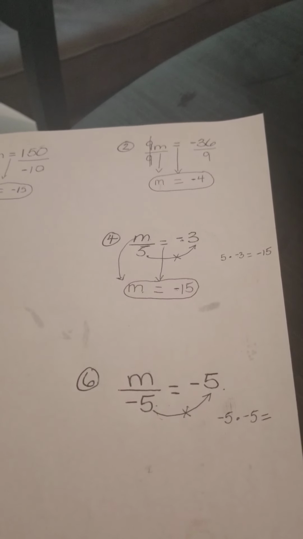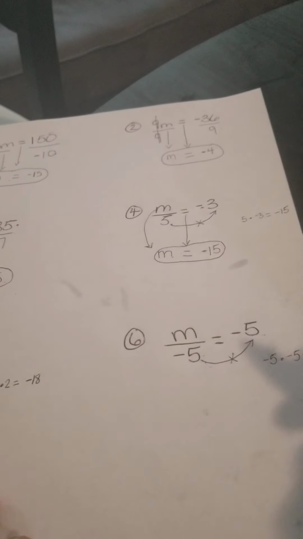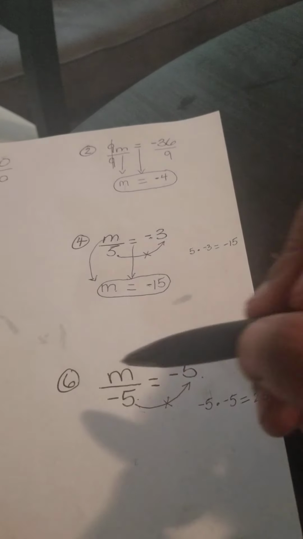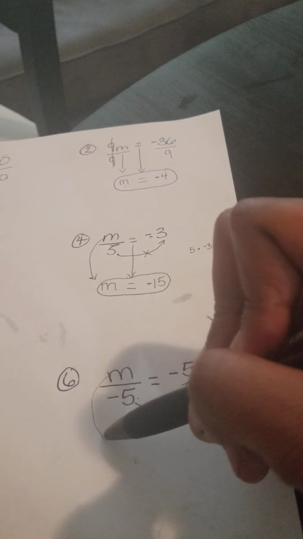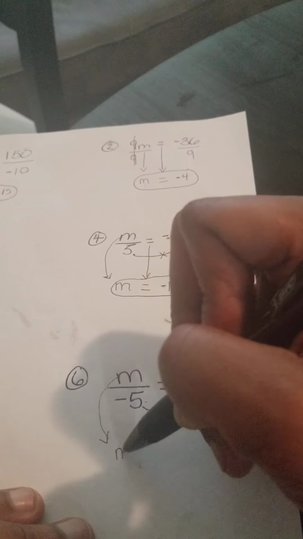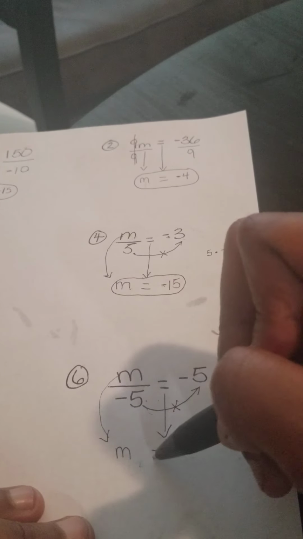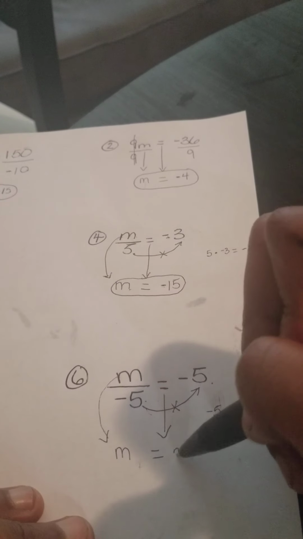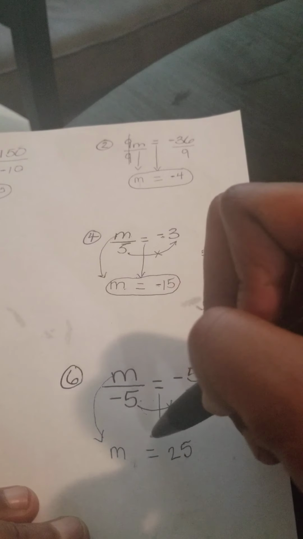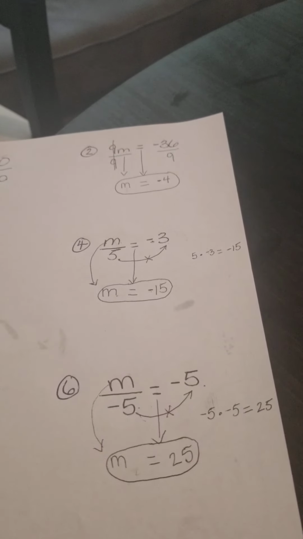So we're just going to say 5 times 5, and that gives us 25. So for the visual, it's hard to write this way. Bring down my m, bring down my equal sign, and then I put 25 here at the end. And there we go.